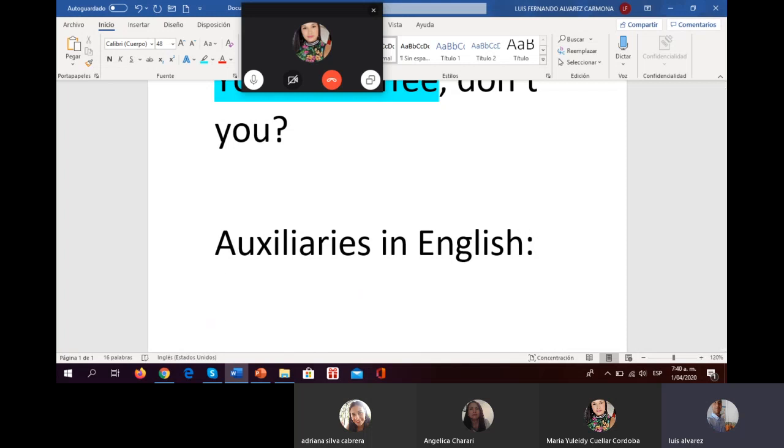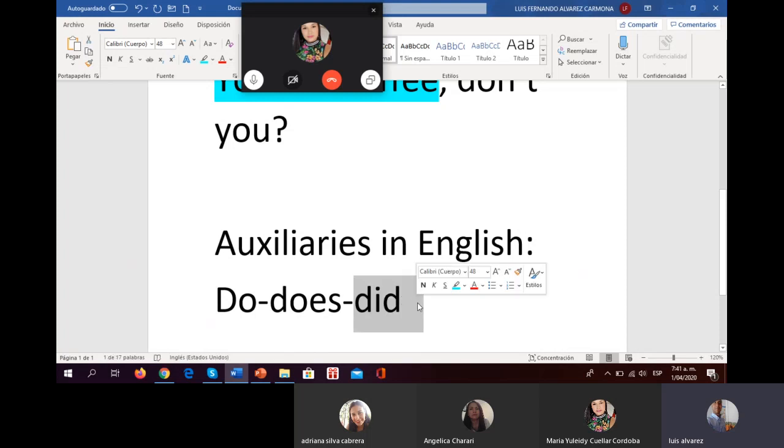The most common auxiliaries that we have are do, does, and did. Do in present simple for questions or negative sentences. Does the same in present simple. Did for questions and negative sentences in the past.